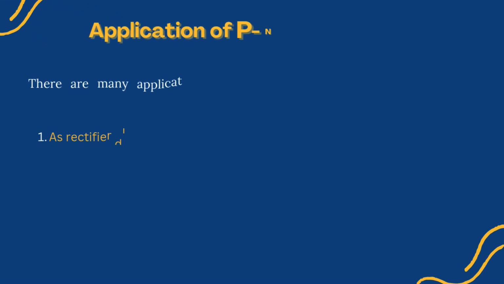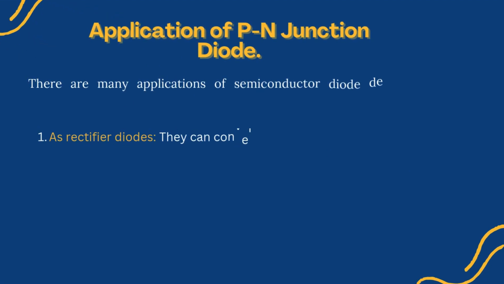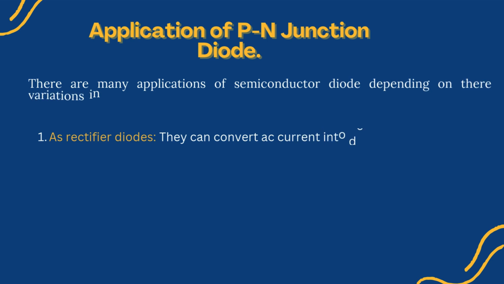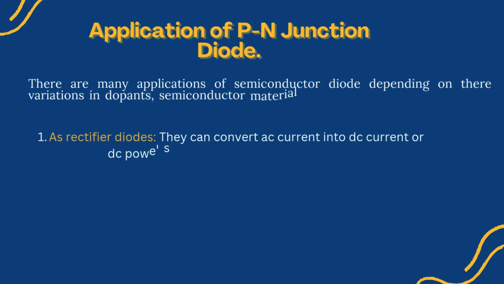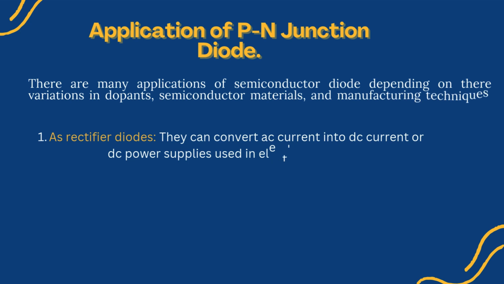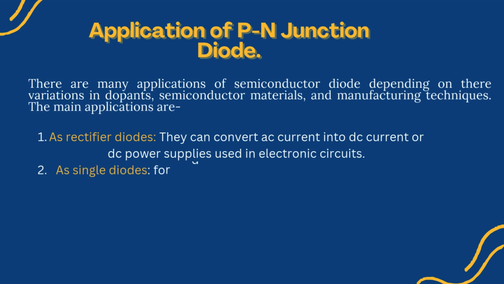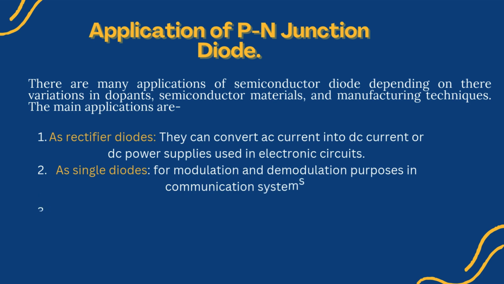There are many applications of semiconductor diodes depending on their variations in dopants, semiconductor materials, and manufacturing techniques. The main applications are as rectifier diodes. They can convert AC current into DC current and DC power supply used in electronic circuits.